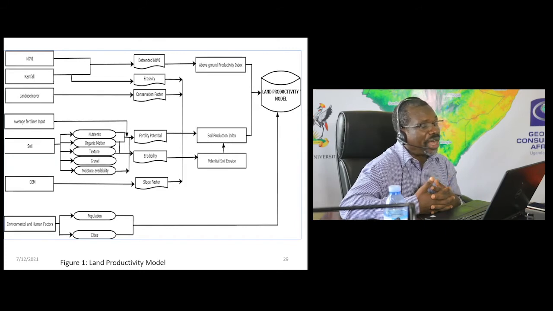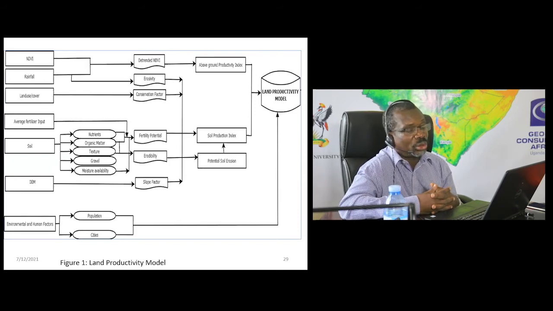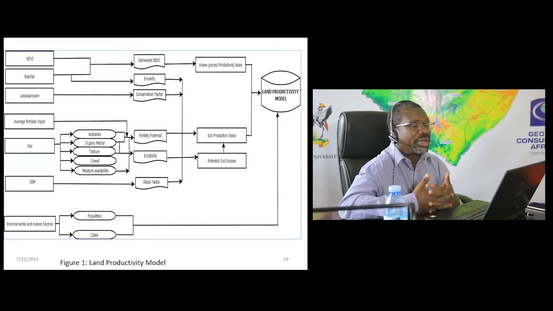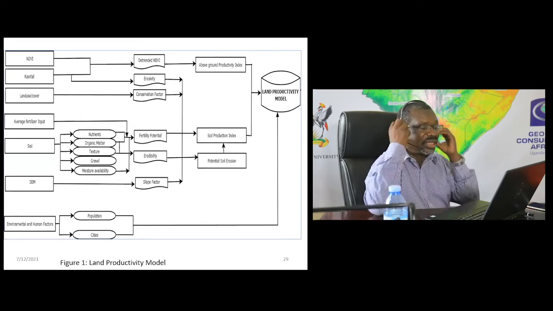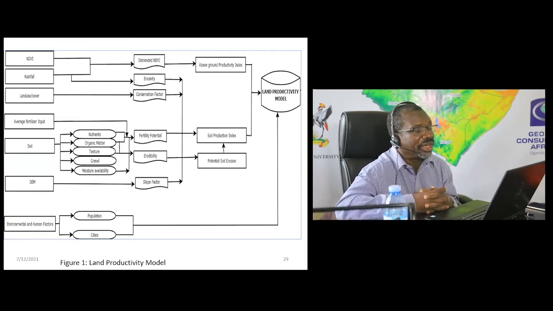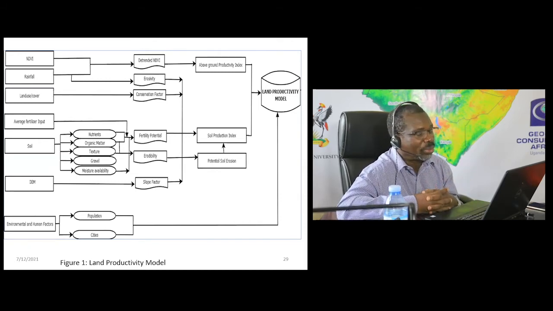So if you combine the four factors, erosivity, C factor, erodibility, and the slope length factor, then you have the potential soil loss. And this potential soil loss was added to the soil productivity index, which was generated based on the existing models and fertility potential to have an idea of the actual productivity of the given soil.